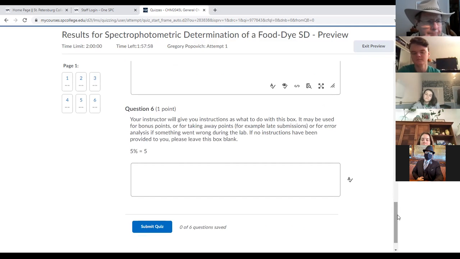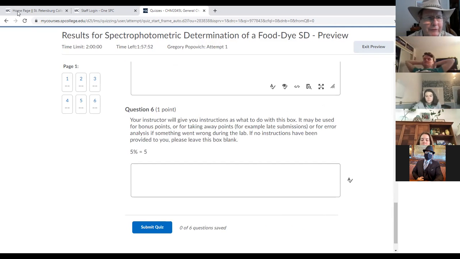Easy peasy. I told you guys that we only have one tough lab coming up, and that's going to be the Vesper lab. The next lab you do is going to be paper chromatography, simple. The one after that is heat of vaporization. Has anybody gotten to heat of vaporization yet? Intermolecular forces.